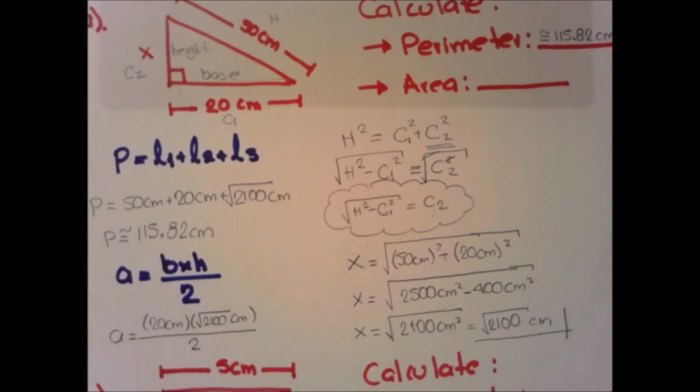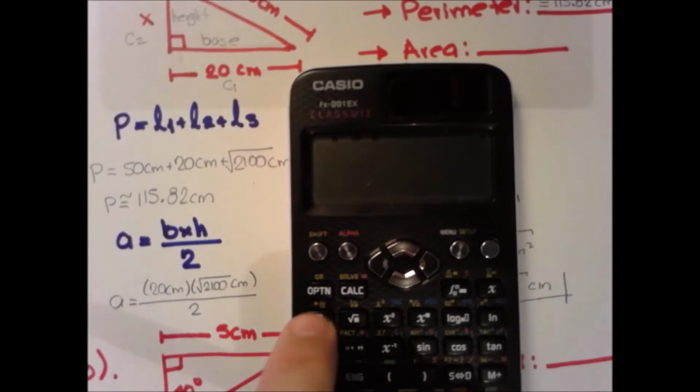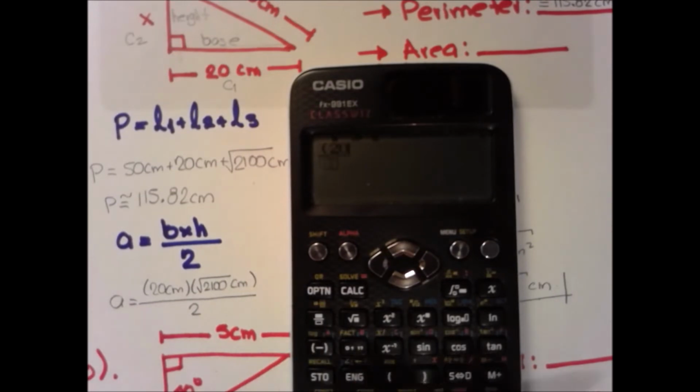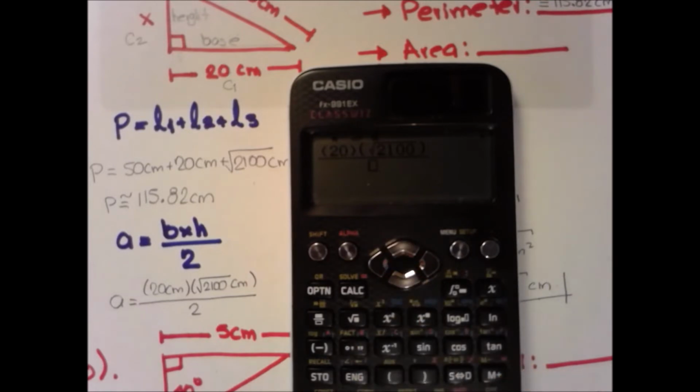Okay, and let's do it. Let's take calculator, and then I'm going to write the 20 times the square root of 2100. Okay, sorry, in that case I need to put the parentheses outside of the square root over 2.